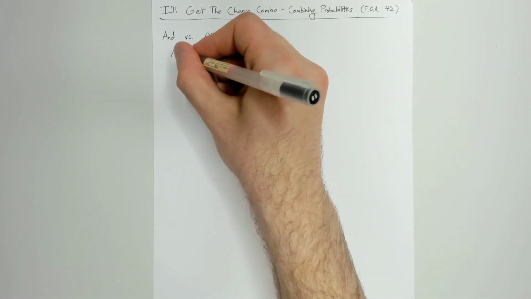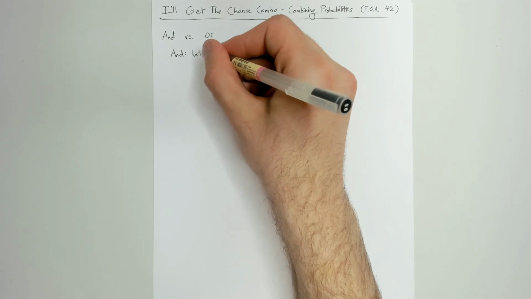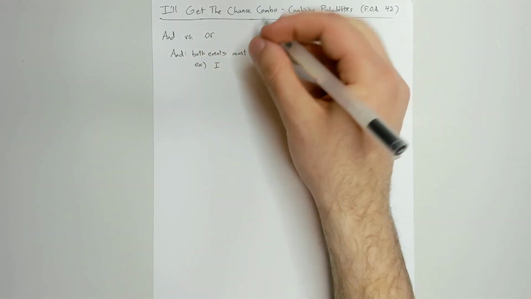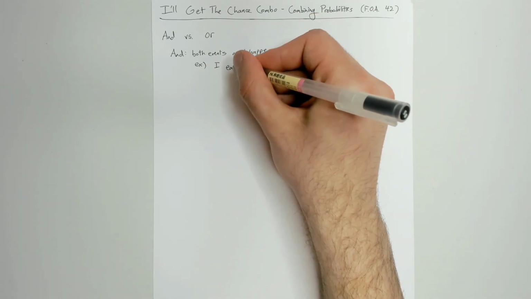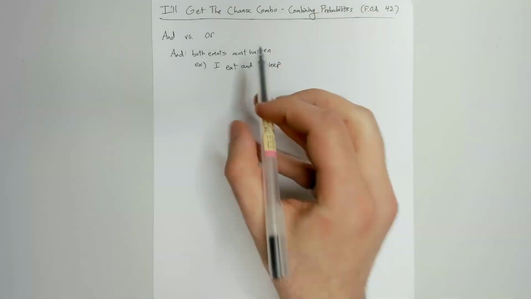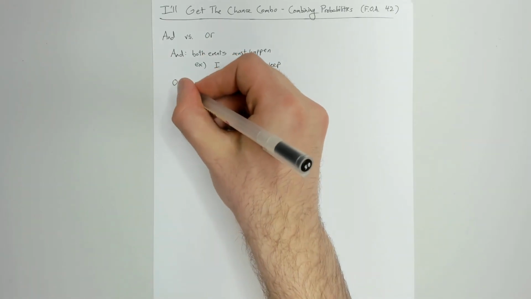So with and, both events must happen. So for example, I eat and I sleep. I must both eat and sleep for this to be a true statement. I can't just have one or the other. All right, so that's pretty self-explanatory.